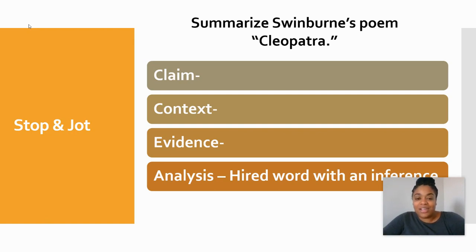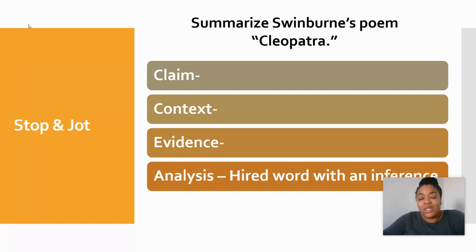So I want you to make sure that you use a higher word. What do I mean by with an inference? I need to talk about what is something I can infer from the poem. For example, I can say that this reveals that Cleopatra has the ability to be a great leader and ruler because she is powerful. Did I mention that in my initial claim? No. I am now making an inference to what Cleopatra can do with her power.